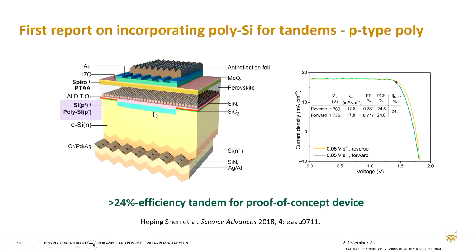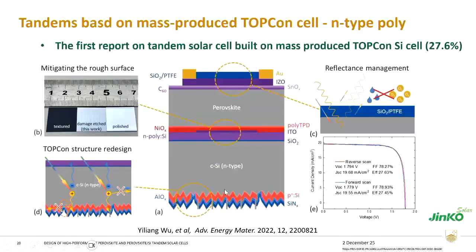And we were able to achieve 24% efficiency back in 2018. And then we, in collaboration with our industry partner, Jinko Solar, also demonstrated high-performance perovskite silicon tandems based on mass-produced, commercialized TOPCon silicon from Jinko's production line.